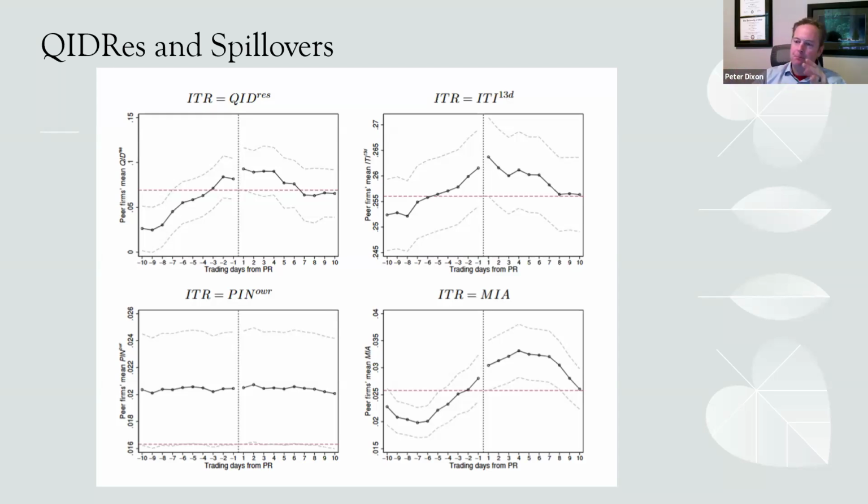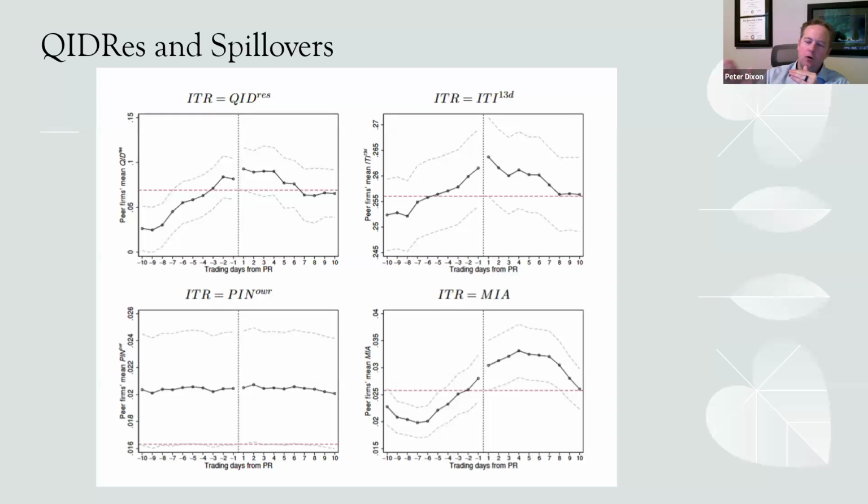The graphs here are a little bit harder to interpret, but let me explain what you've got. The red line marks the lower bar of the confidence interval on the day after the press release.